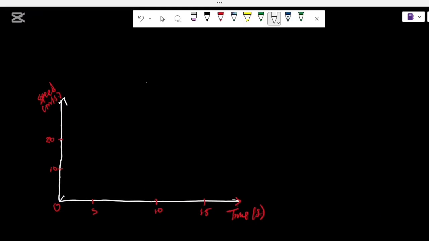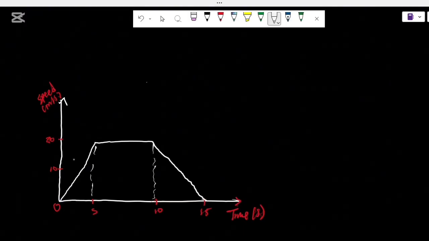So it is going to move like this until it reaches this particular point where the speed becomes constant for a period of time, and then the speed decreases until the object comes back to rest again. So this is showing the journey of an object.